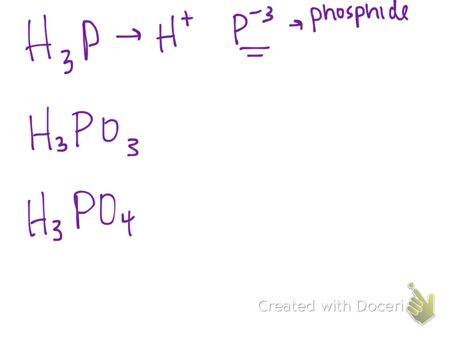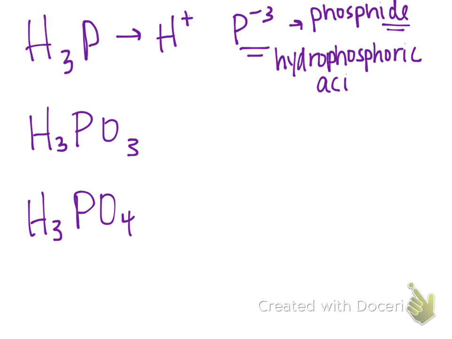Which means what should our acid be named? Yeah, this one is weird. Phosphoric. It gets to keep the OR in there, not phosphic acid. Some of them do, some of them don't. You just have to get used to the rhythm there.